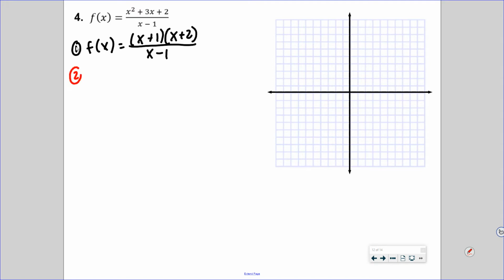Since I have that factor of x minus 1 left in my denominator, that means there is a vertical asymptote at 1. If the degree of the numerator is greater than the degree of the denominator, that means we have no horizontal asymptotes.